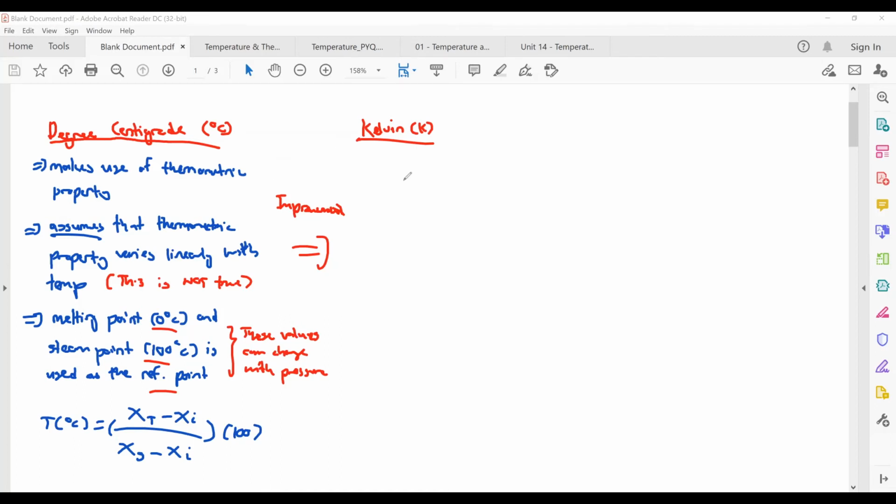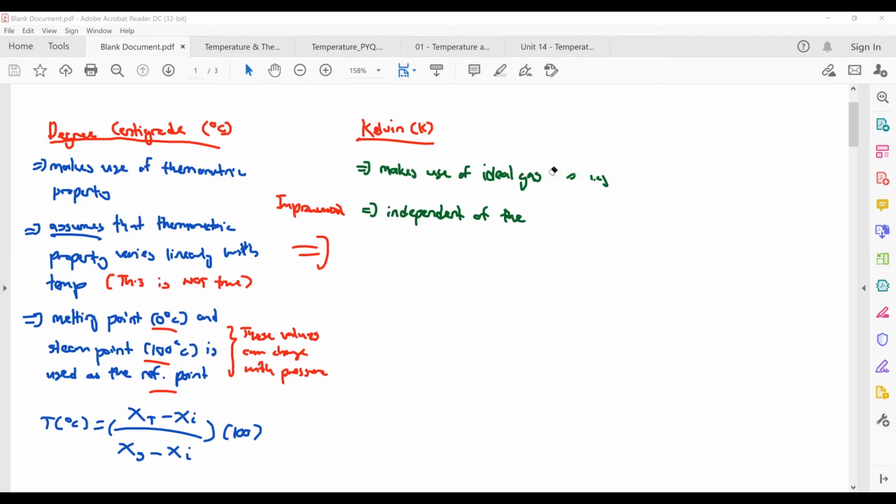So what's so special about your Kelvin scale is this. We will just tell you, number one, it makes use of ideal gas properties, which in turn makes it independent of thermometric properties.